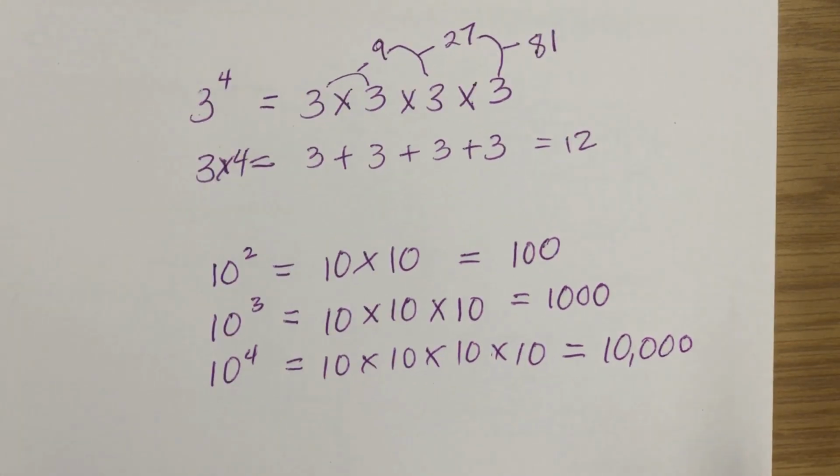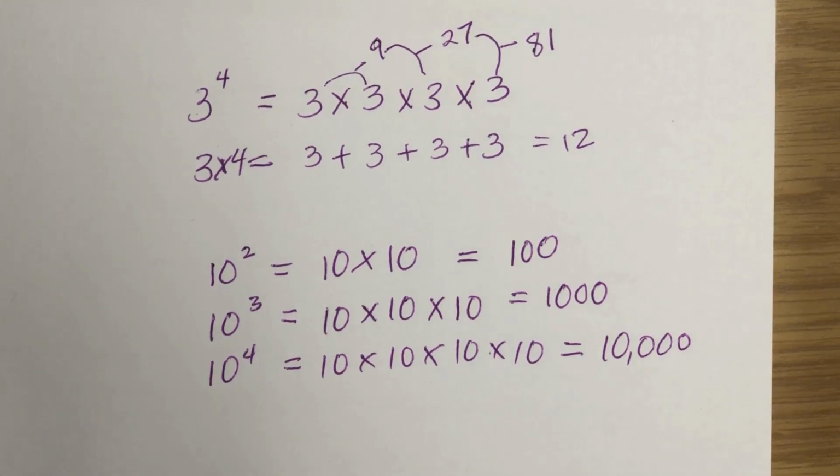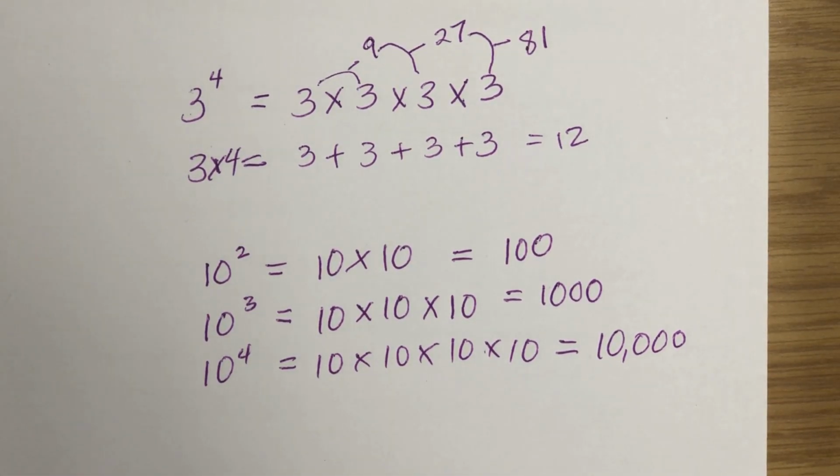Now at this point, I asked the students to see if they can recognize a pattern and therefore a shortcut we can take without having to write out the factors before figuring out the total.